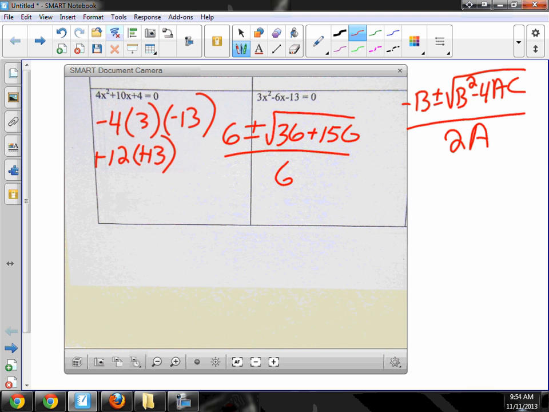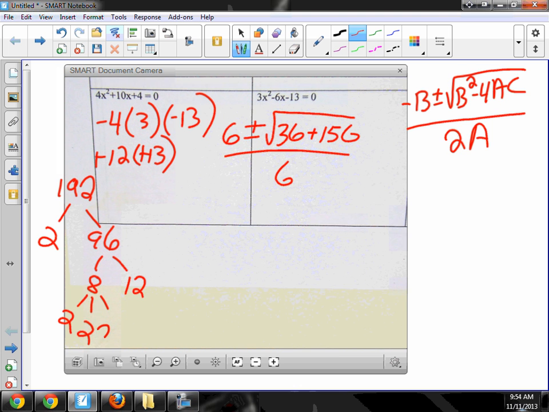So what is 36 plus 156? So 192. What are factors of 192? Well, I know 2 goes into it. 2 and 96. What goes into 96? How about 8 and 12? 8 is just 2 times 2 times 2. 4 and 3. 2 and 2.